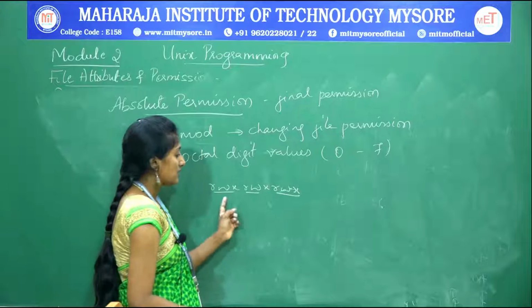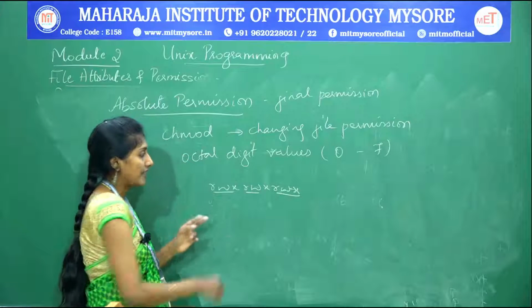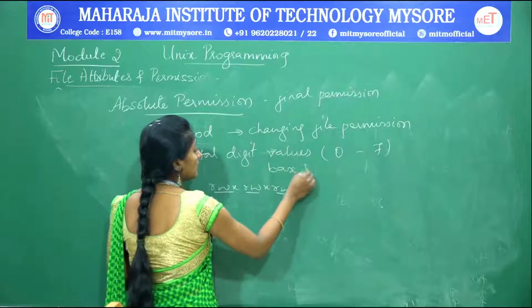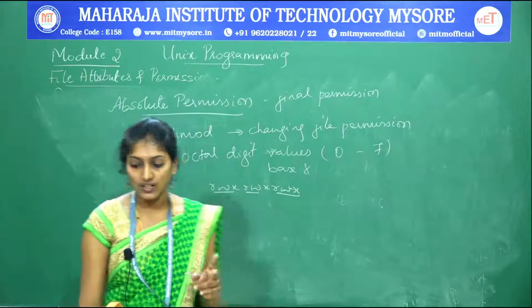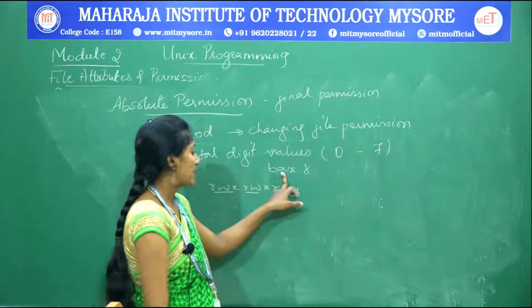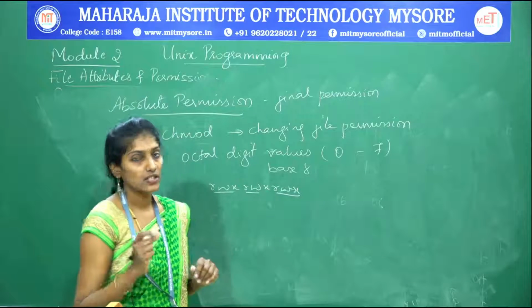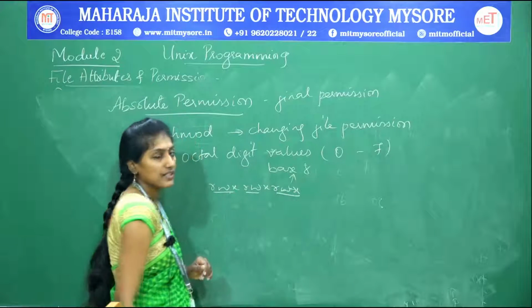Now these binary bits can be represented by using base 8, the octal digit. By using base 8, octal digit values are represented from 0 to 7. So you can represent all these 9 bits using this base 8 concept.